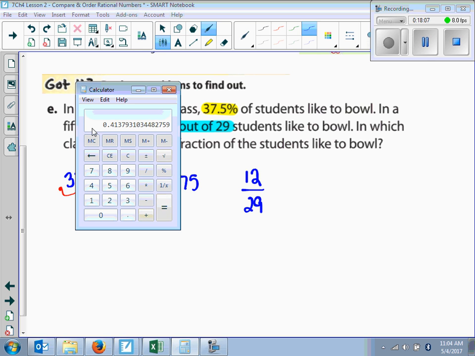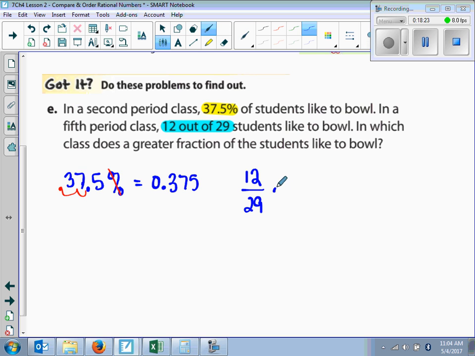And that's going to be 0.413. We're not going to round it, we're just going to chop it off, okay? We're going to truncate it. So here we have 0.413. So this is approximately equal to 0.413. Is everybody with me?